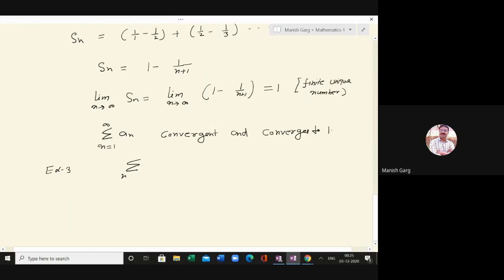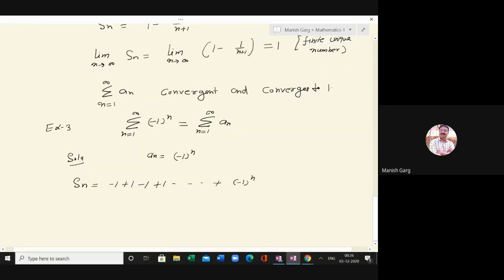Suppose you have the series, n equal to 1 to infinity, of (-1)^n. Now check the convergence of this. So you have the solution: An is equal to (-1)^n. So what is Sn? It will be like this: minus 1 plus 1 minus 1 plus 1, up to plus (-1)^n.